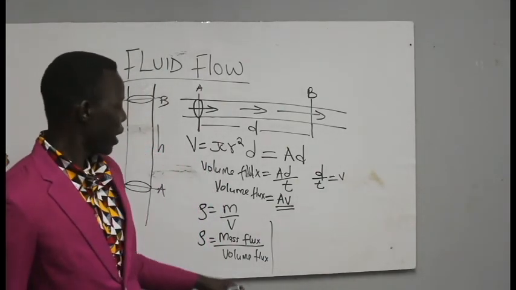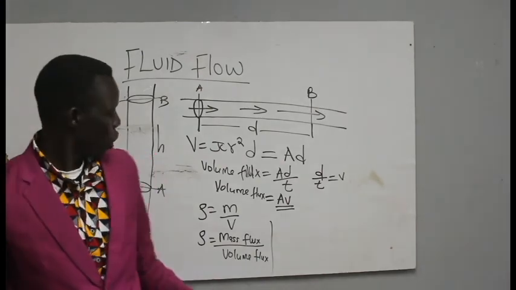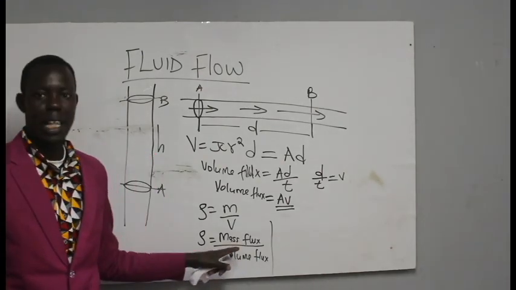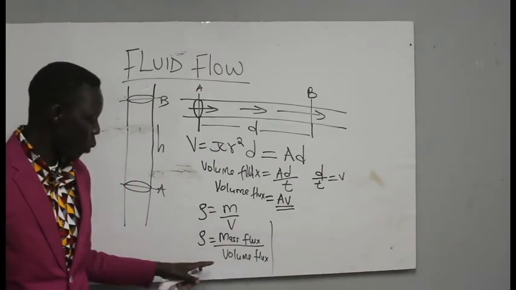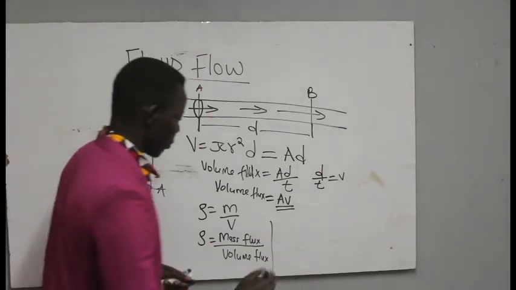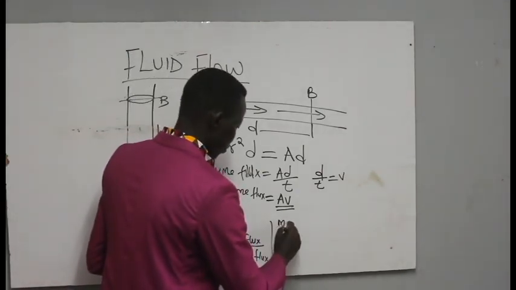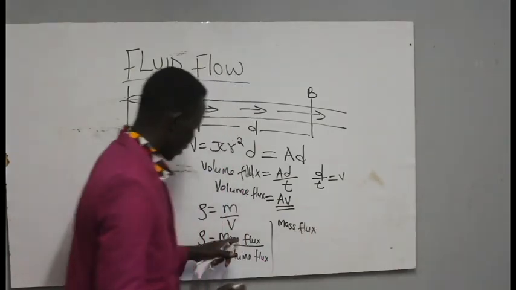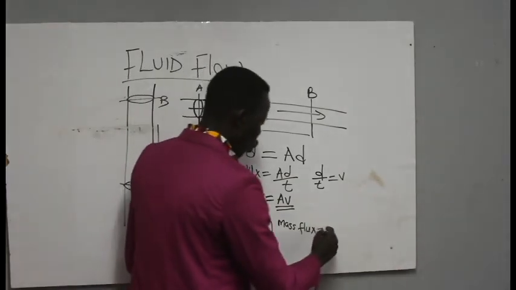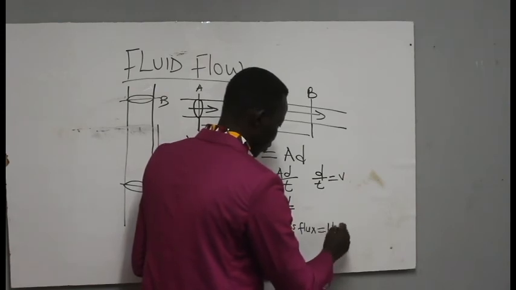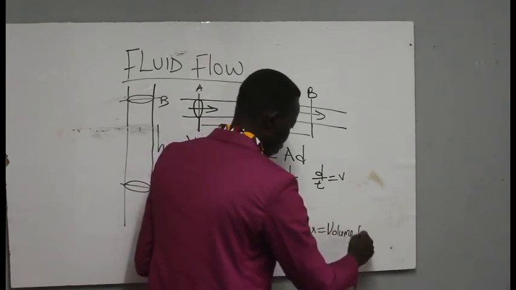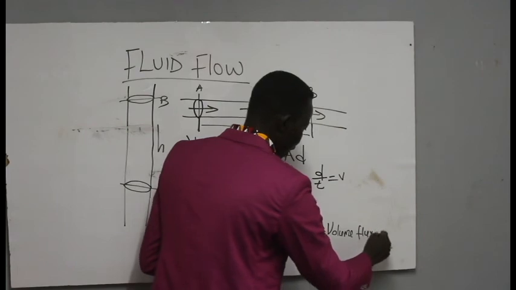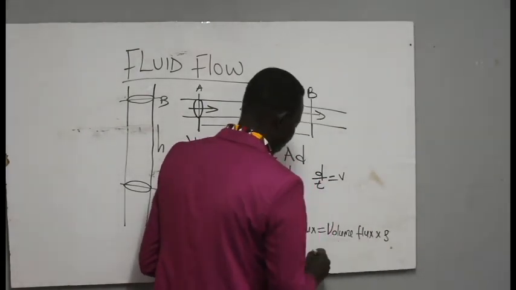Now, after we have this, how can we get the mass flux? Making the mass flux the subject of this formula, it's going to be volume flux times the density of the liquid.